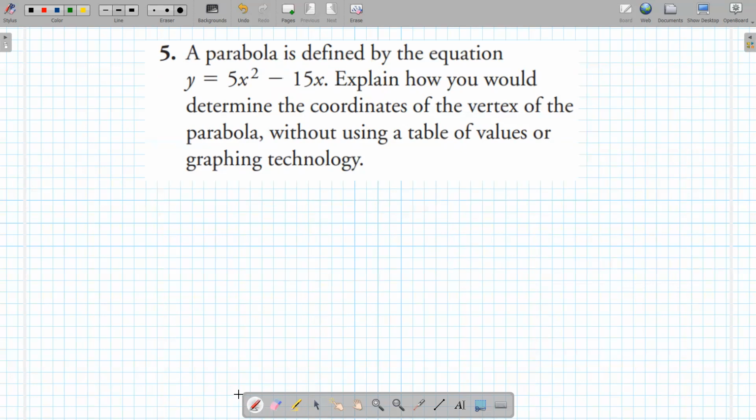They've given us the equation, right? They're just asking us to find the vertex. Do you remember how to find the vertex?